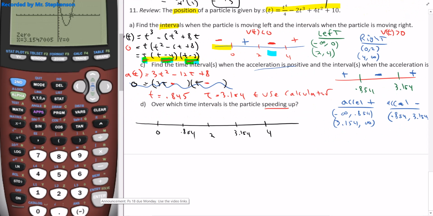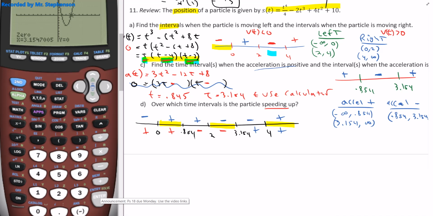On the top, I'm just going to do my velocity, which is positive from 0 to 2, negative from 2 to 4, and positive afterwards. And for the acceleration, it was positive always until 0.854, and then it was negative from 0.854 until 3.154, and then it becomes positive again from 3.154 on. So it's speeding up when these signs are the same, which are there, there, and there.